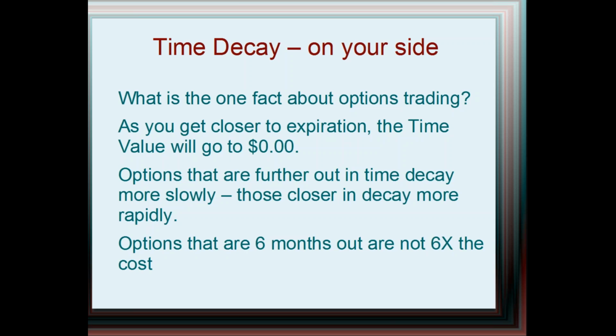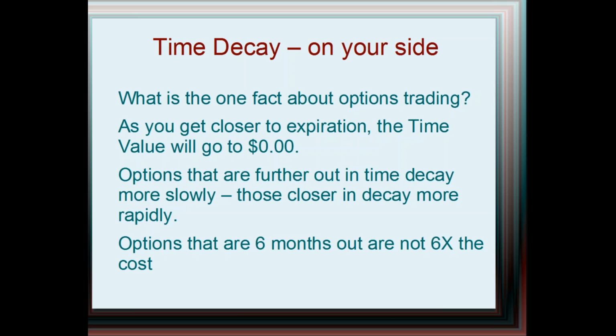That's the guaranteed fact. As we get closer to expiration, time value goes to zero. But options that are farther out in time decay more slowly. As we know, those that are closer in are going to decay percentage-wise more rapidly. And another advantage of looking at the farther out options: an option at the same strike that's 6 months out in time won't be 6 times the cost of the near month option.